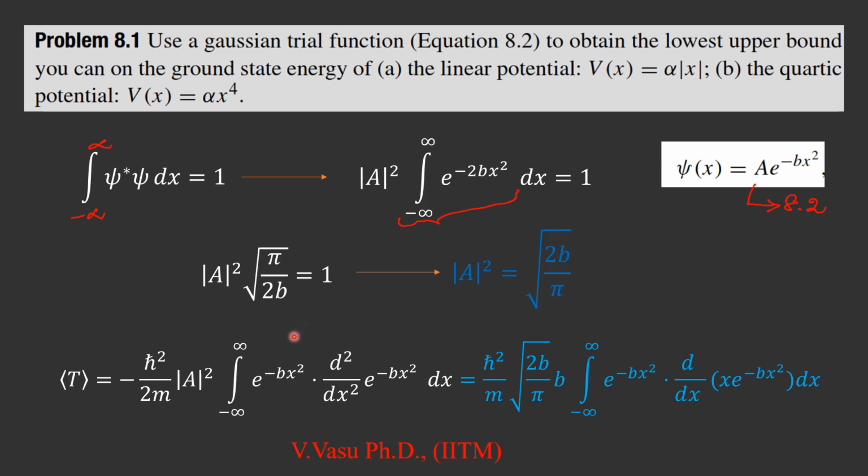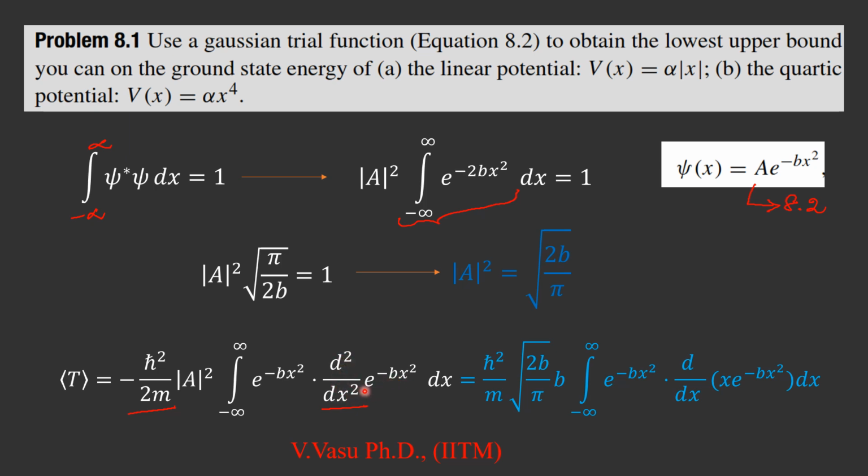Now we have to find the expectation value of kinetic energy, which is psi, p squared, psi, where p squared is replaced by its operator, minus h cross squared over 2m d2 over dx2.